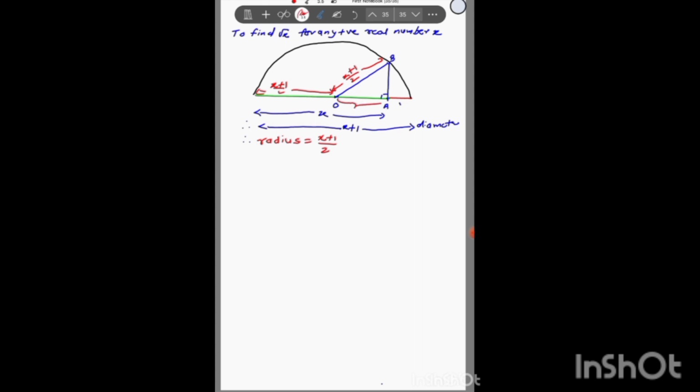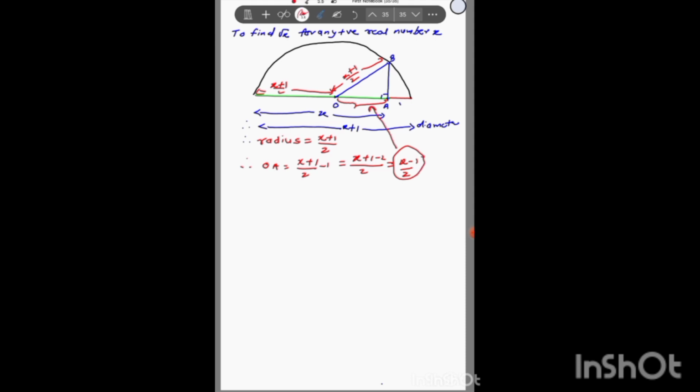Now concentrate on this OA. What is this? This is radius minus 1. So OA is equal to x plus 1 divided by 2 minus 1. Go for the simple calculations, and you get ultimately x minus 1 divided by 2. So this value is equivalent to this.